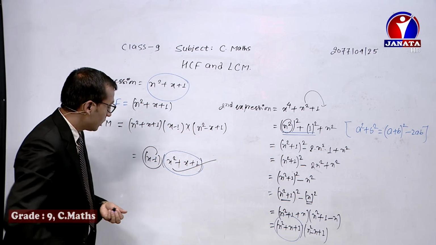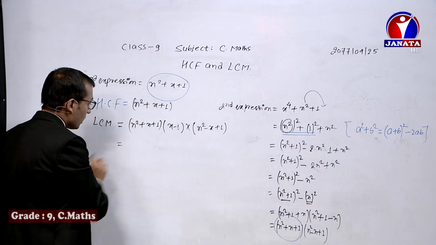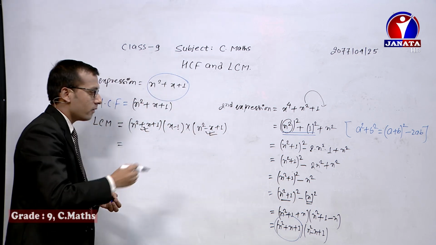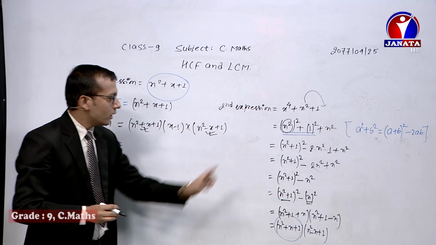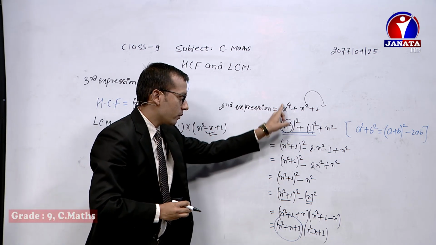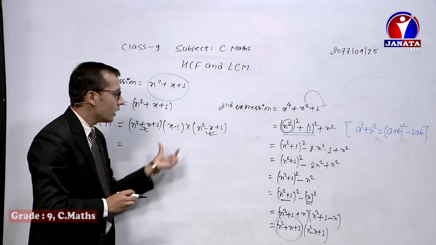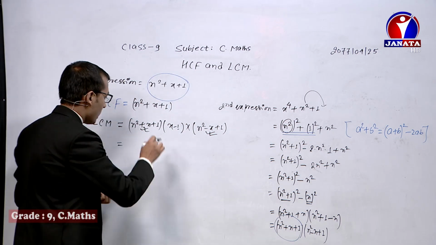Now we can combine factors here. If we combine first and third, in fact these two are the factors of expression x power 4 plus x square plus 1. We can combine these two and write the same expression, x power 4 plus x square plus 1.